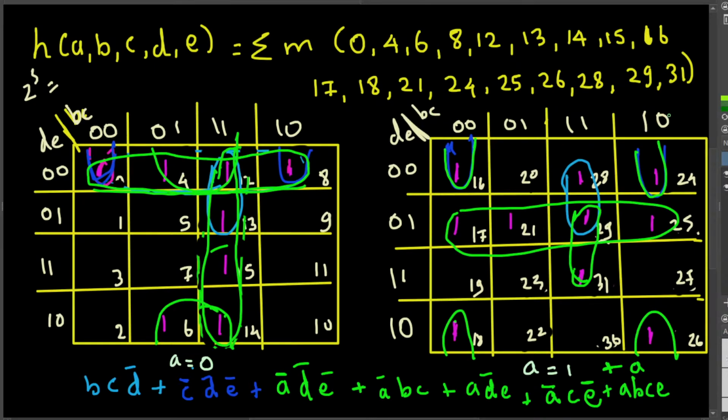C is 0, 0, so C is going to be there, and since it's 0, I have to do a complement for it. What about D? D is 0, 1, eliminated. E is 0, 0. So E is going to be there, but E is 0, so I have to do a complement for it. And that's the final expression. This is our sum of product expression for this given function.